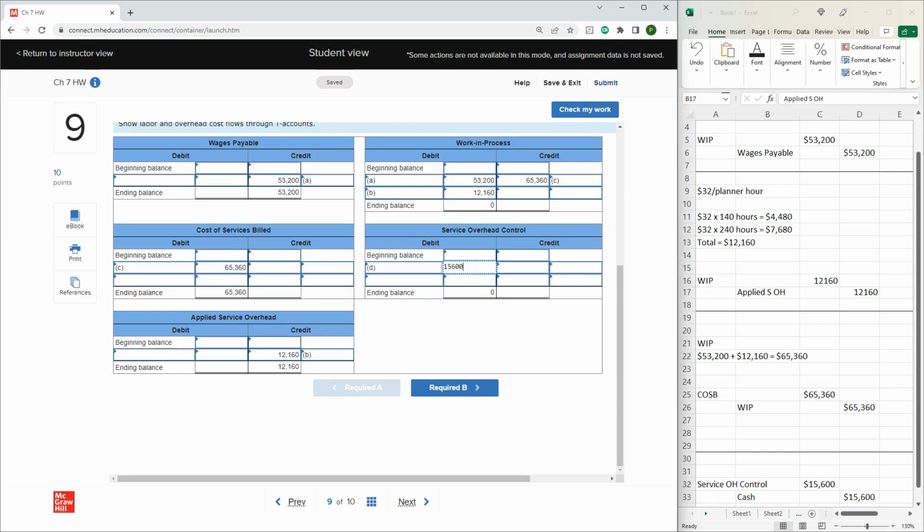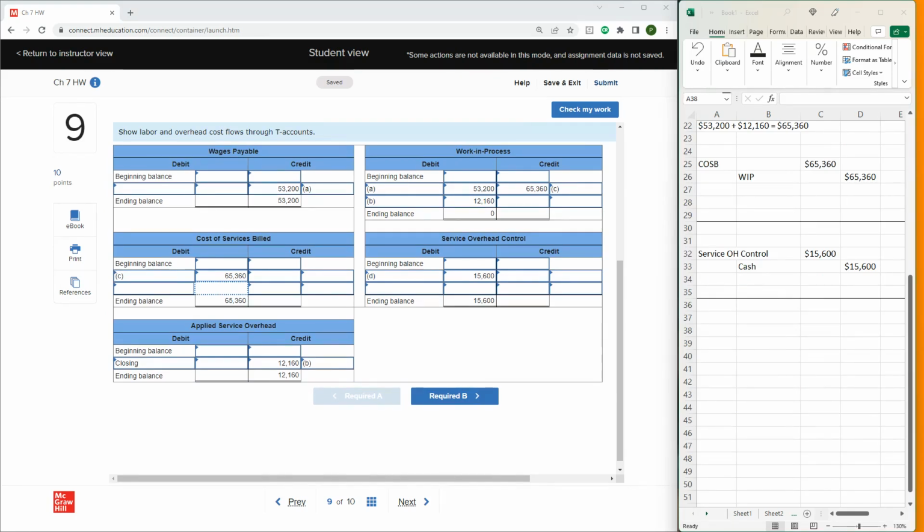Now, one thing that the question doesn't mention, but we need to do, is our closing entry. Remember that we have to close out both overhead control accounts and applied accounts at the end of the period. Service overhead control has a natural debit balance, and as we can see here, it does have a debit balance.